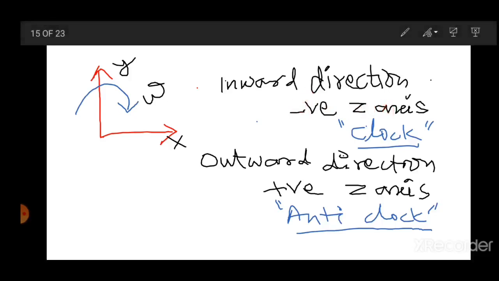So students, listen to it. This is the inward direction along the negative z axis. The particle rotates in clockwise direction. Suppose the particle rotates in anti-clockwise direction. This is anti-clockwise direction. The direction of the screw is outward along the positive z axis.